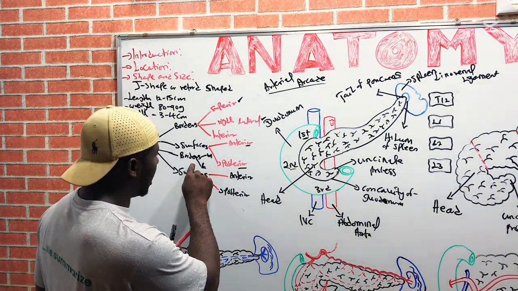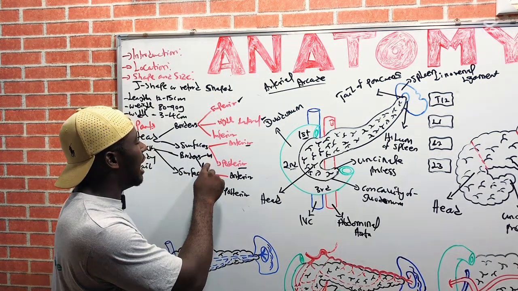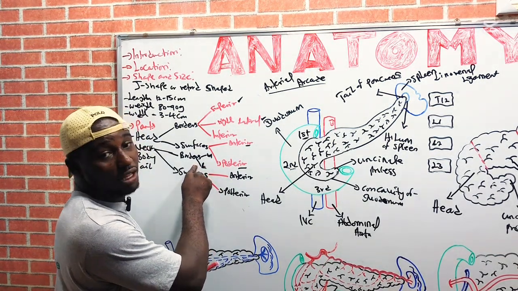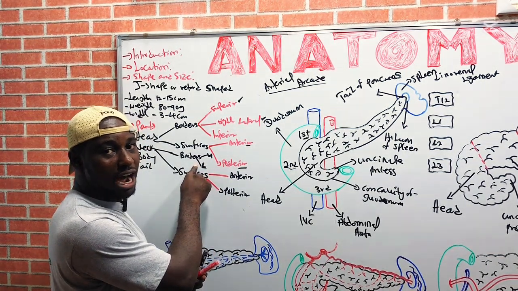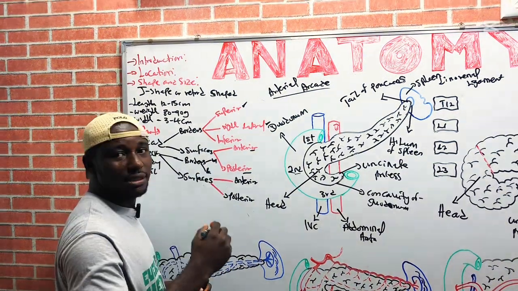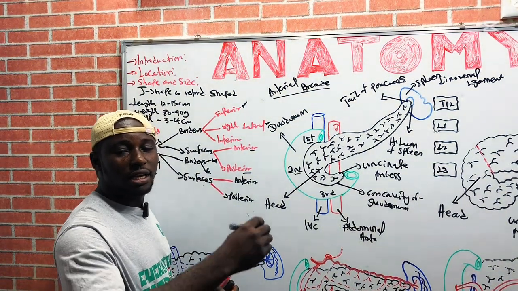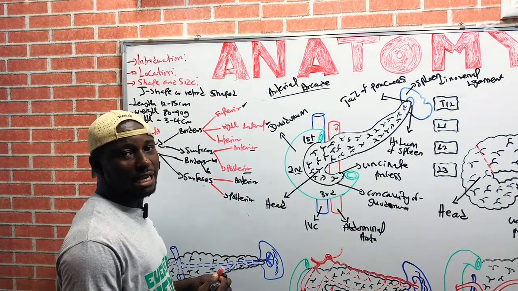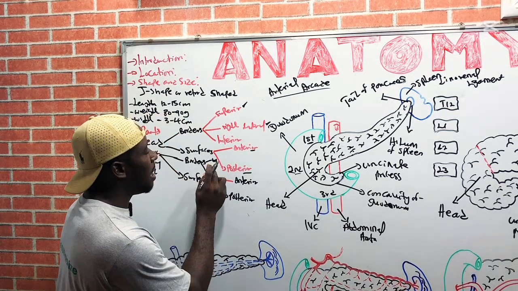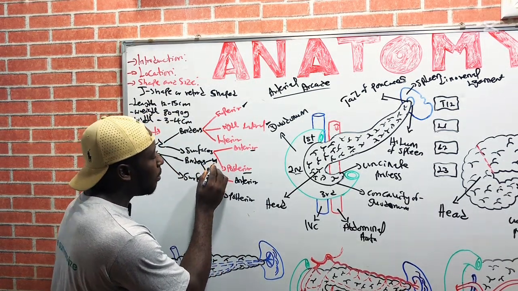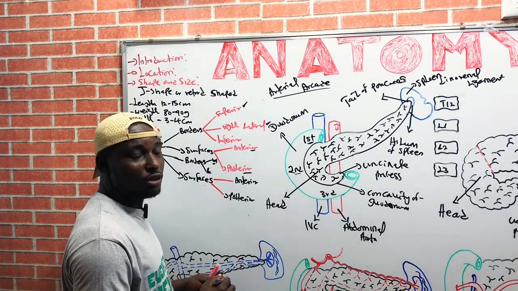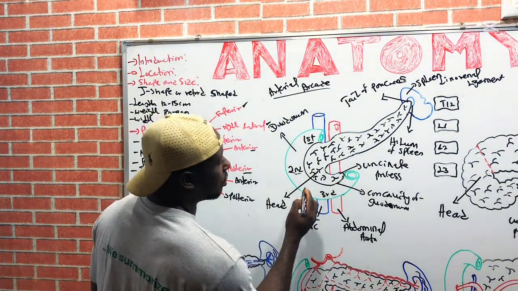Now let's go to the borders. The upper and lower borders of the neck of the pancreas, right? Now it has an upper border and a lower border. The upper border is related to the first part of the duodenum, right? You can see it here.